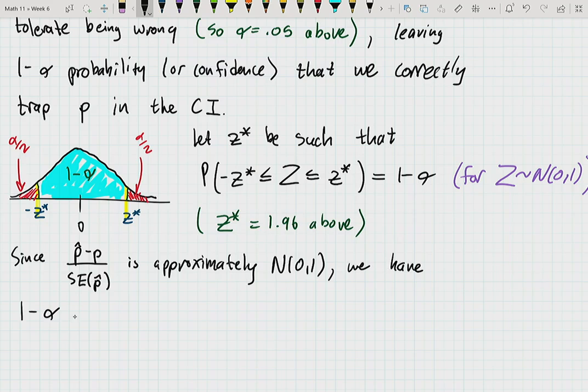We have that 1 minus alpha is approximately the probability that this standard normal random variable is between negative z star and z star. I said unit vector. That's my other class.